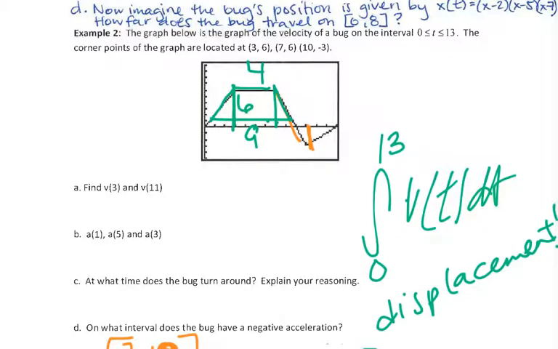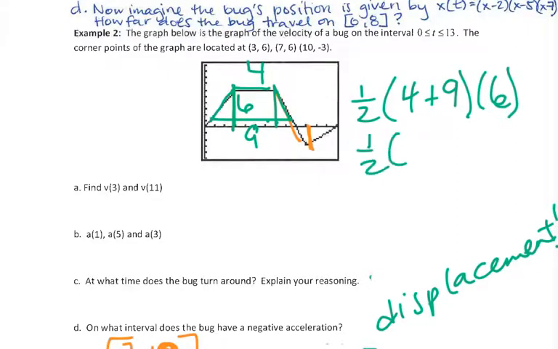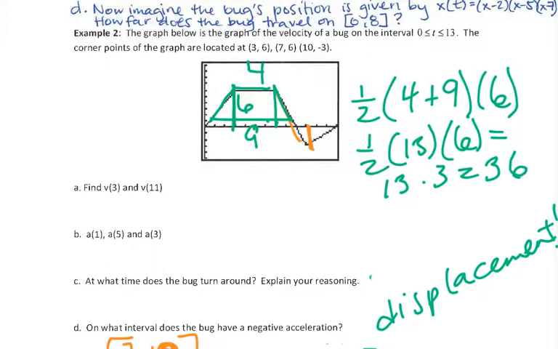Height of 6. Okay, so let's find that trapezoidal area. So this first piece is 1/2 base 1 plus base 2 times the height. So 1/2, 13 times 6. 6 times 1/2 is 3, so this is 13 times 3, which is 39. All right, so this first piece is 39.